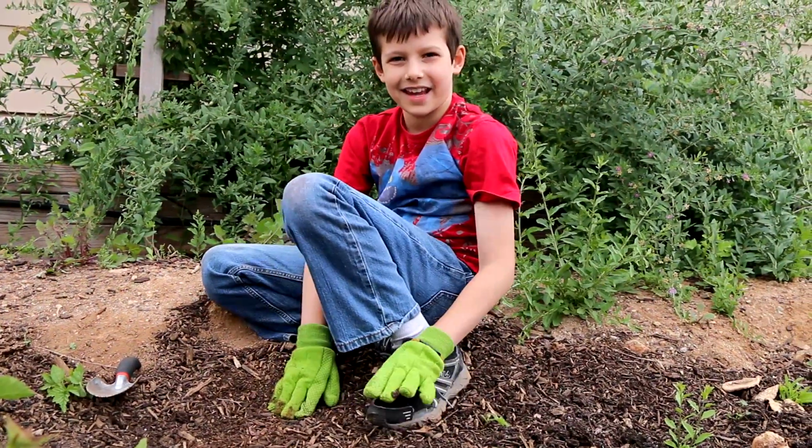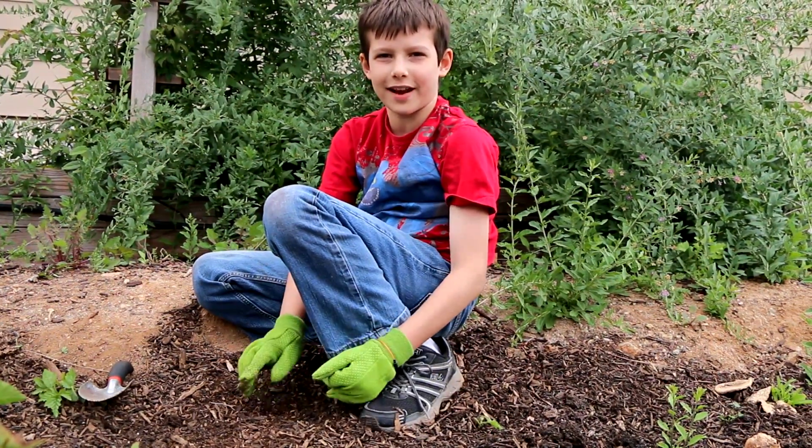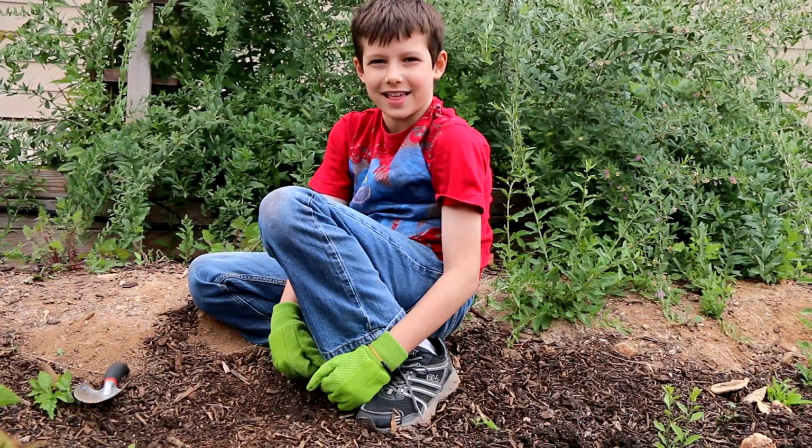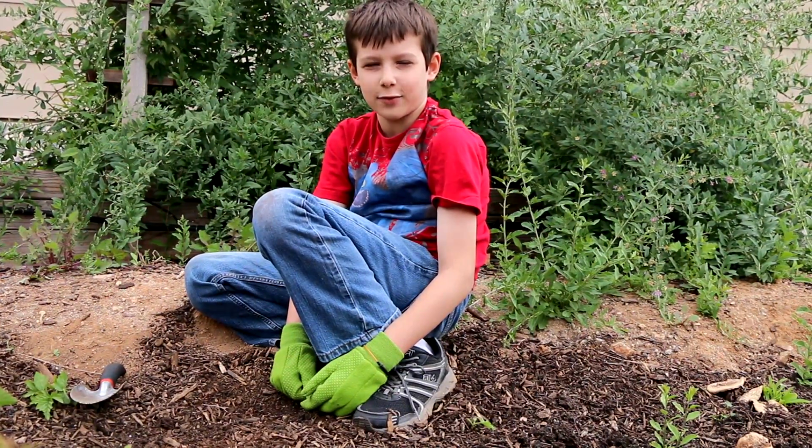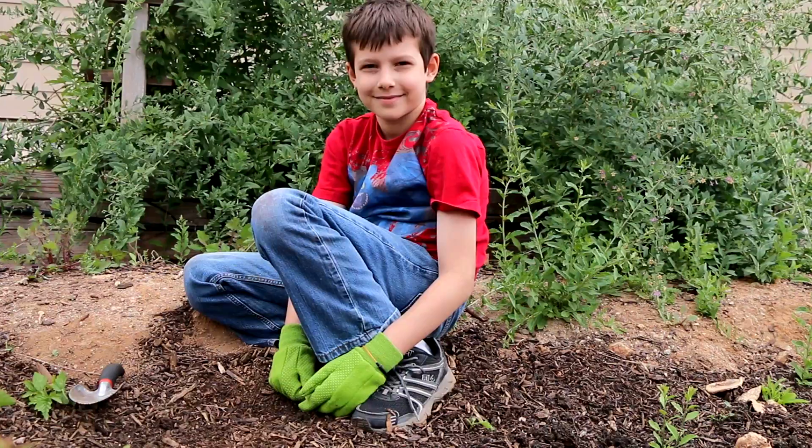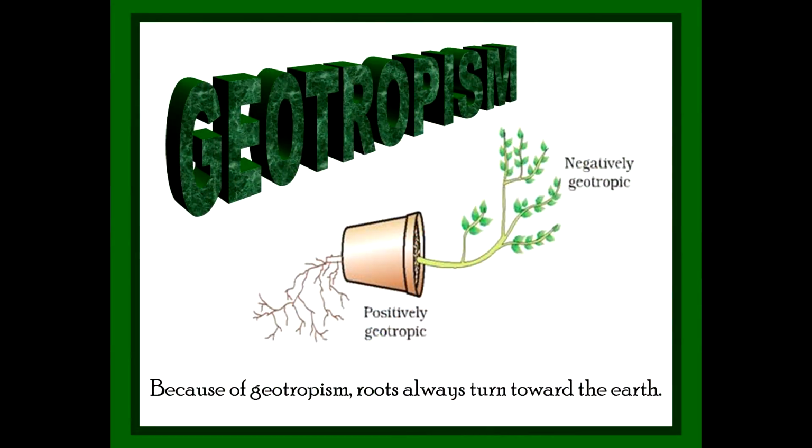When we plant a seed, we don't need to worry about if it's right side up or not, because God designed it to have a sense of which way is down. This is called geotropism. Because of geotropism, roots always turn towards the earth.